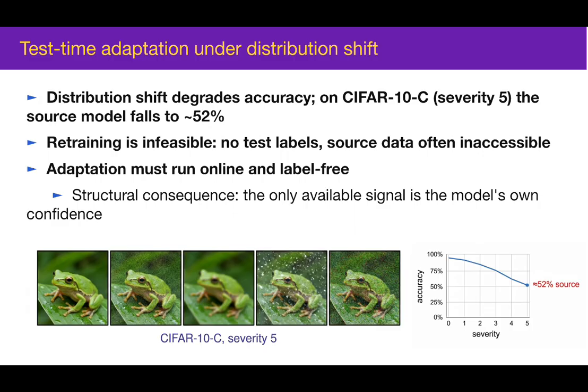So the model has to adapt by itself online while it's running without any labels. And the tricky part is, with no labels, the only thing the model can rely on is its own confidence. So that is the main problem of this research talk.